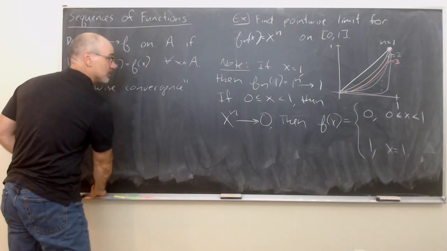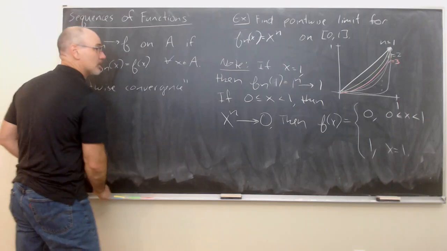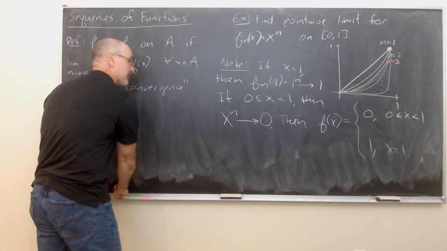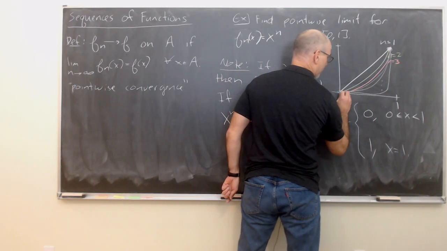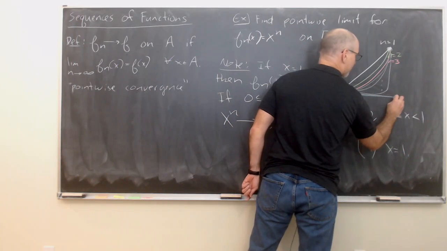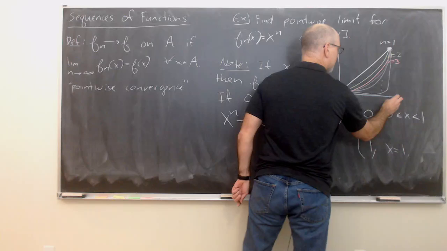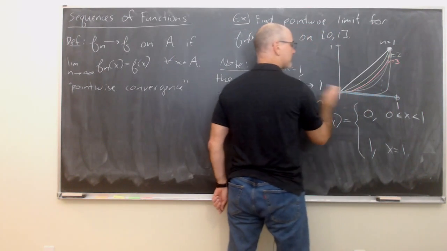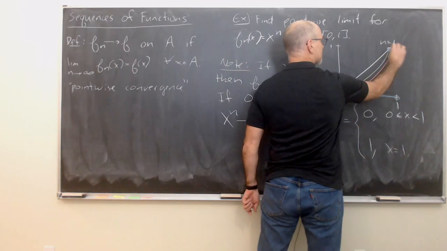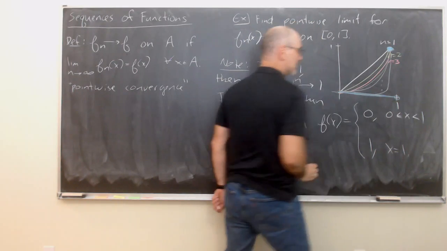So what that looks like, let me get a color that I haven't used yet, is the constant function 0 until we get to 1, and then it just jumps up to the point 1.